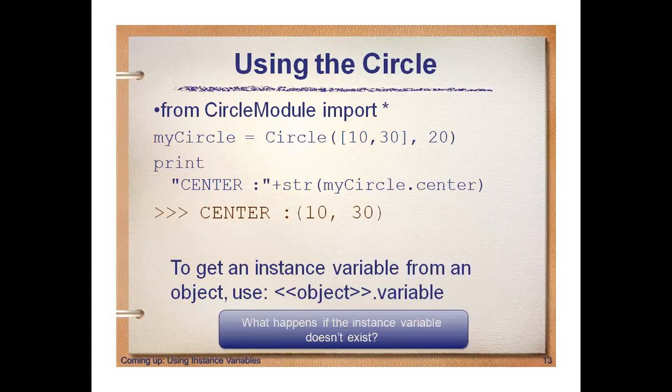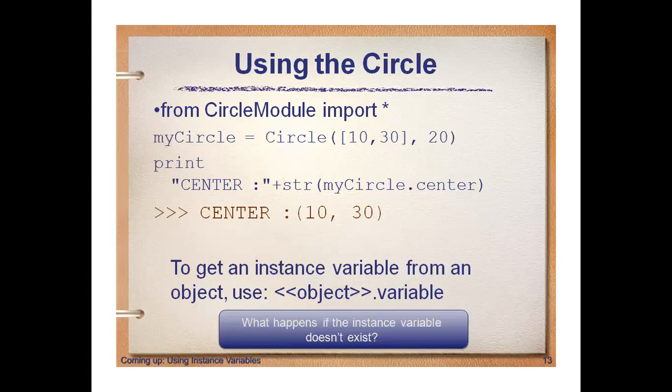So how can we use this particular circle? Once we have designed that class and instantiated it with the help of objects, we can simply call that module to do other work. How can we do that? We have a module: from circle module import star. We can have all the things in that import file.